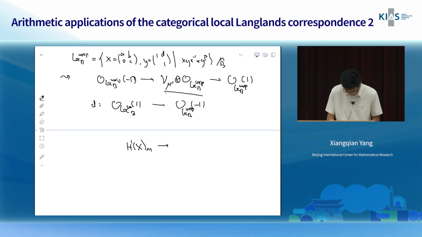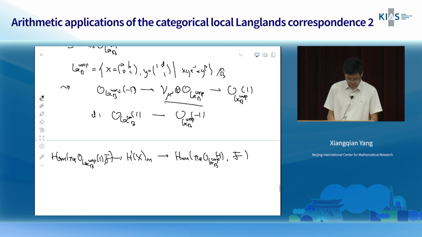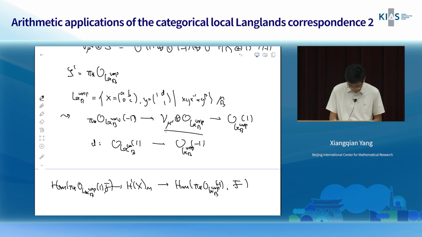Essentially, you have maps to Hom from pi star O log B 1 minus 1 to the Igusa sheaf, because I'm pushing down everything here and get such a distinguished triangle.